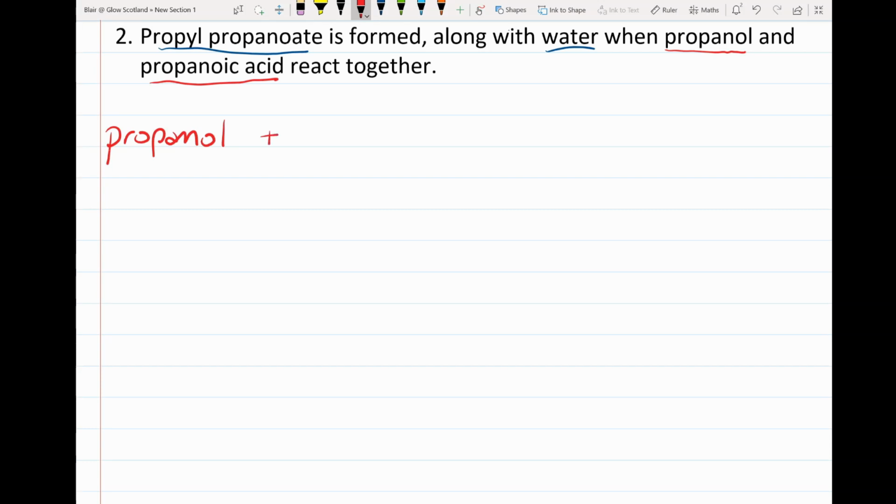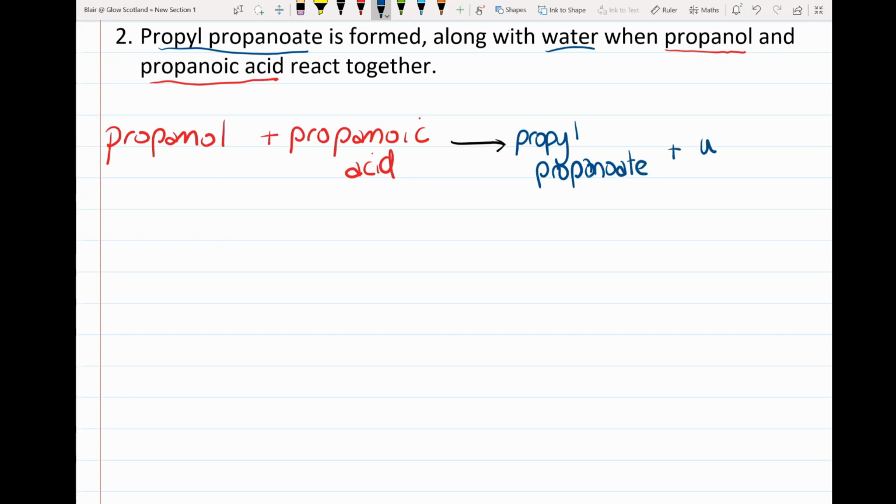In order to leave my products on the right hand side. So what I'm going to do, because I know that propanoic acid is two words, I'm going to do propanoic and I'm going to just pop the acid underneath it like that. I can then put in my arrow, and then on the right hand side I can write the names of my products, which are going to be propyl propanoate plus water, like that.